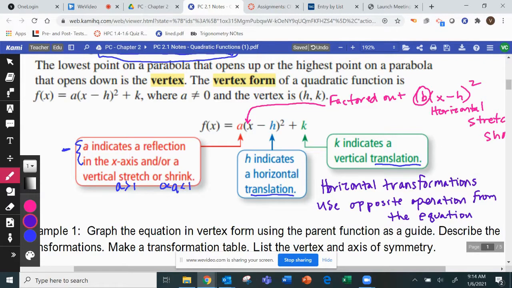And we'll have some examples below about that. But just remember, horizontal, we always have to go with the opposite operation. Vertical, we just use the same thing.